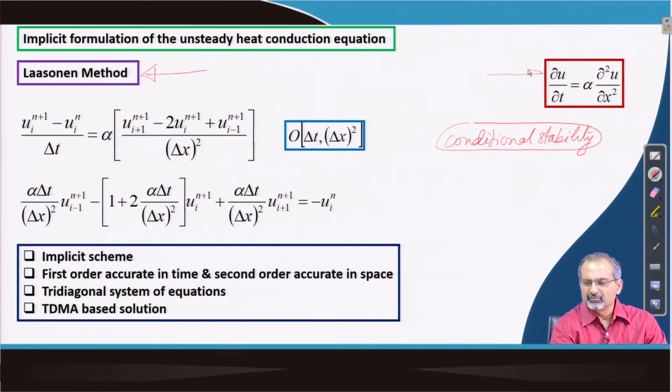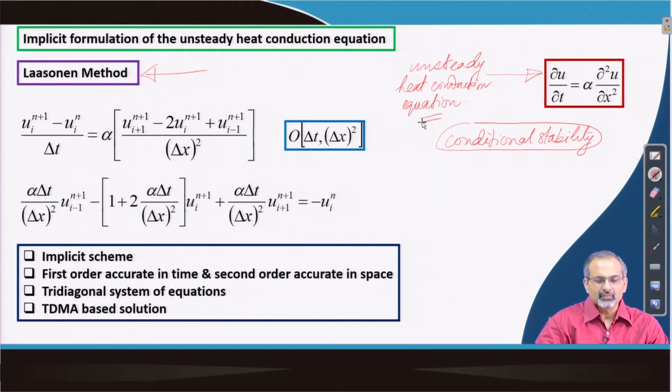Remember that here when we are showing the discretization, we are talking about the unsteady heat conduction equation. So, we are making use of the thermal diffusivity. So, if you look at the Laasonen method, what has been done is that you have the Euler first order discretization for the time derivative term, and you have a second order central discretization for the space derivative.